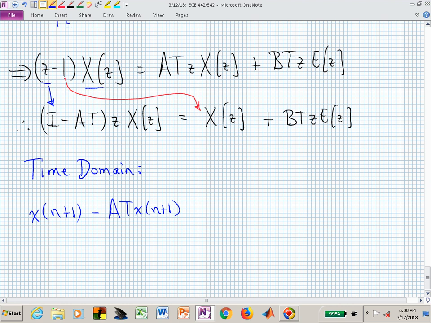Now I'm going to do some more card shuffling. I'm going to bring that BT, E to the Z, on the left-hand side, since they're all with the same time index. And if I do that, how does it come over? And what's left on the right-hand side?